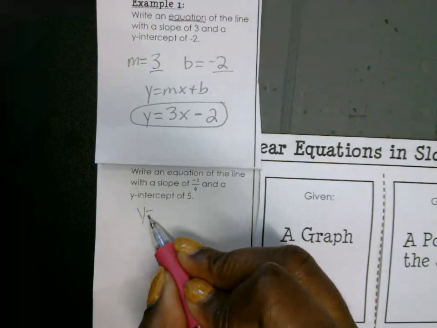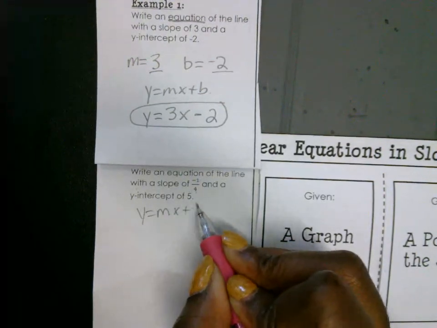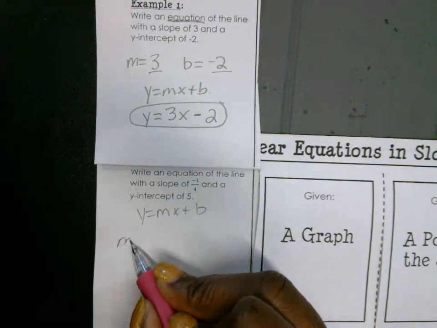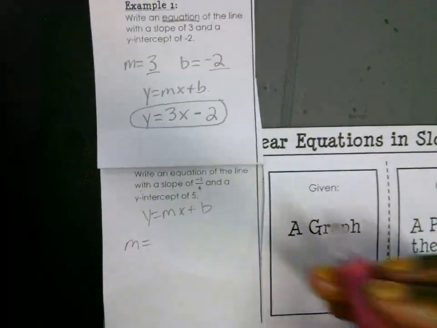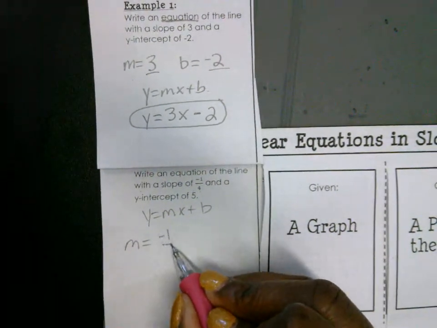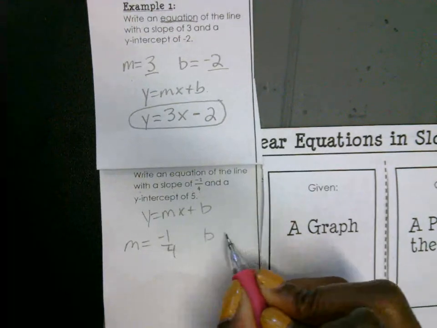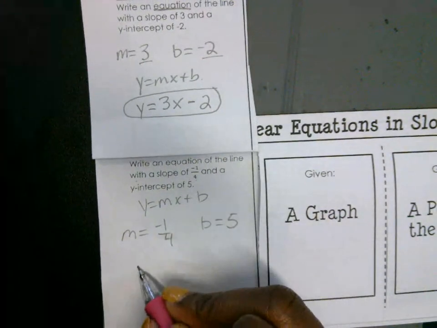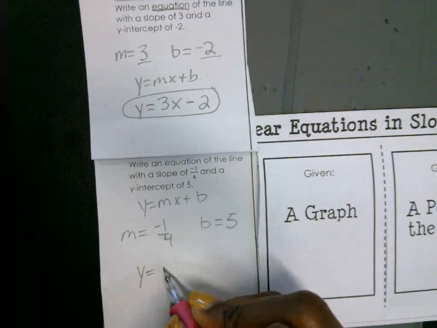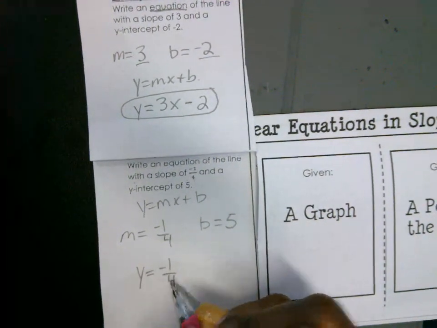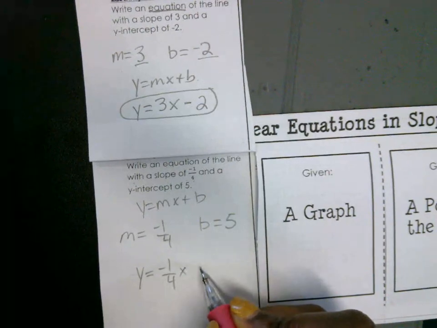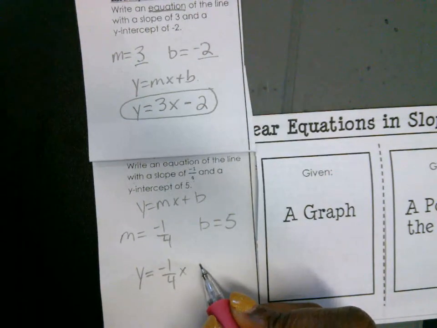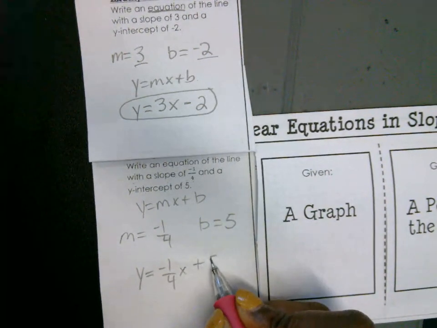Slope-intercept form is y equals mx plus b. Which one of these numbers is my m? Negative 1/4. Which one of those numbers is my b? So then how do I write the equation? Y equals negative 1/4 x plus 5, because it's a positive 5.